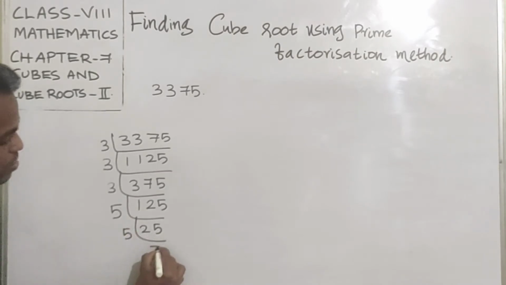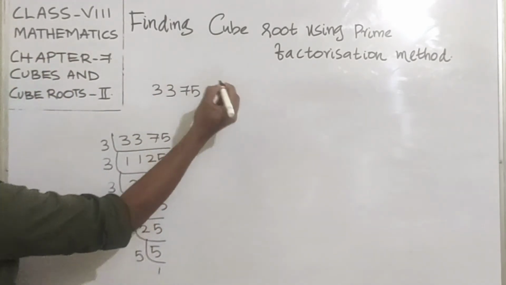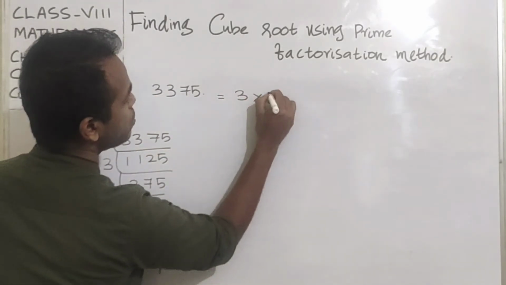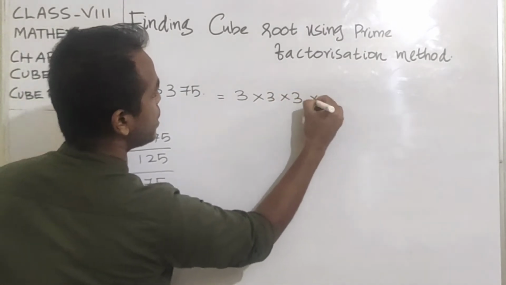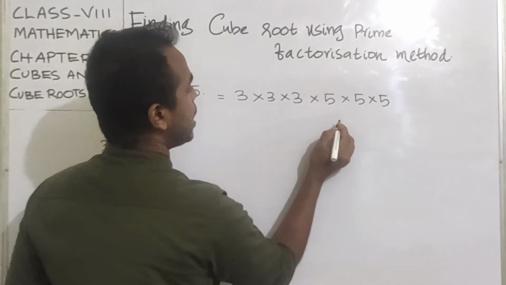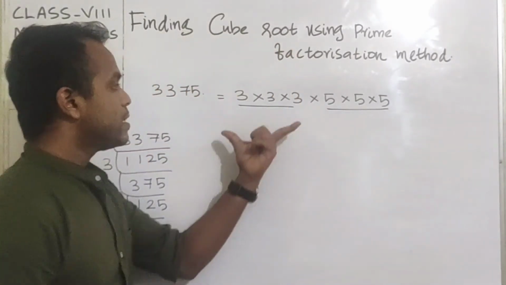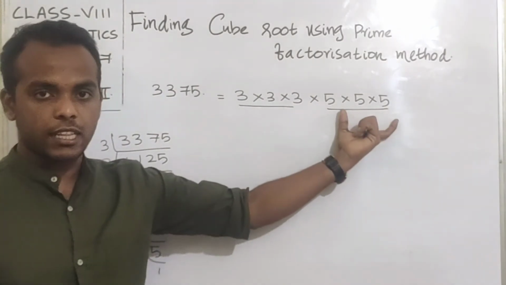Again a 5 can be used. So this will be 5 and 1. So we can write 3375 as 3 into 3 into 3 into 5 into 5 into 5. Now we can make this into a group of 3 times a number, 3 times another number.